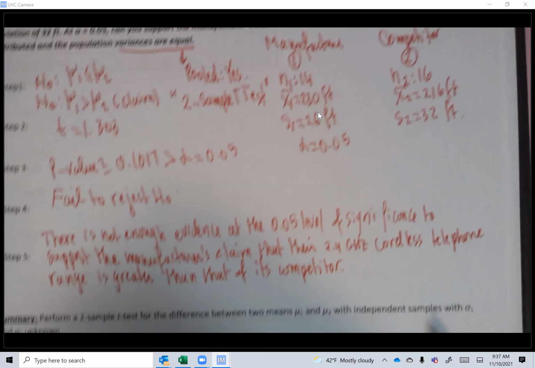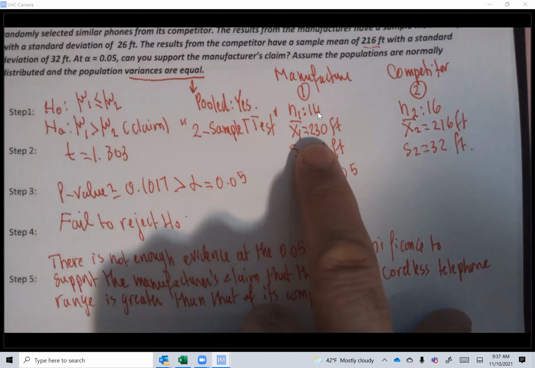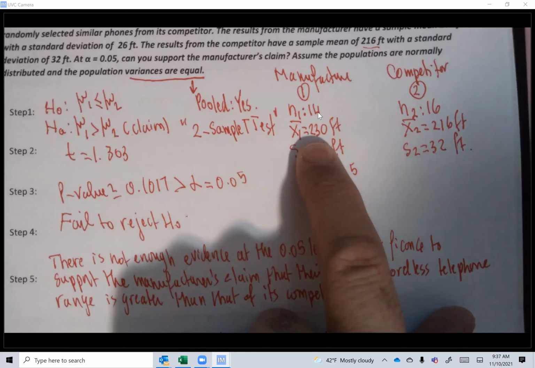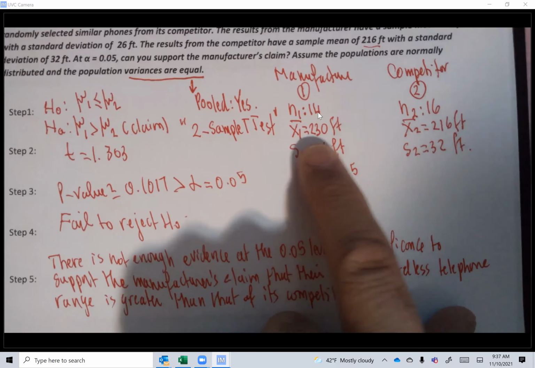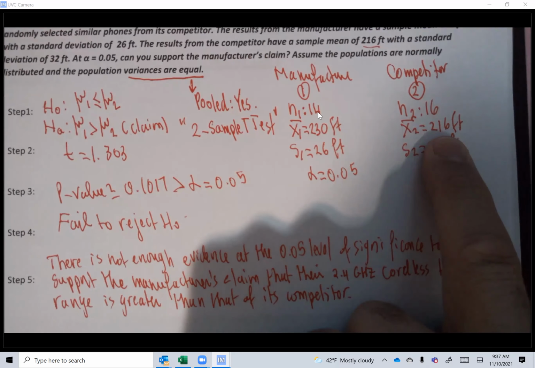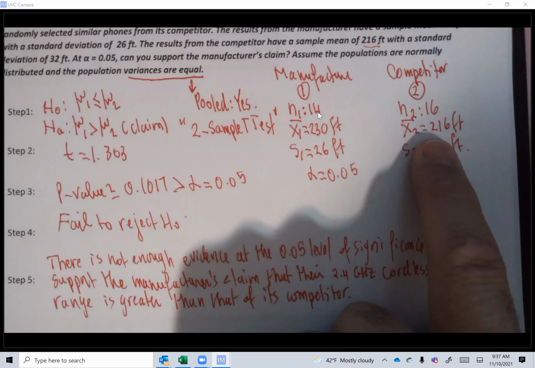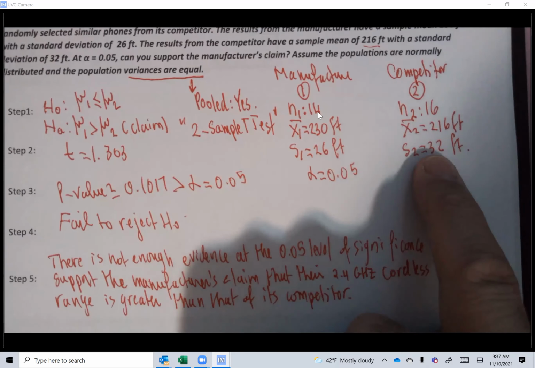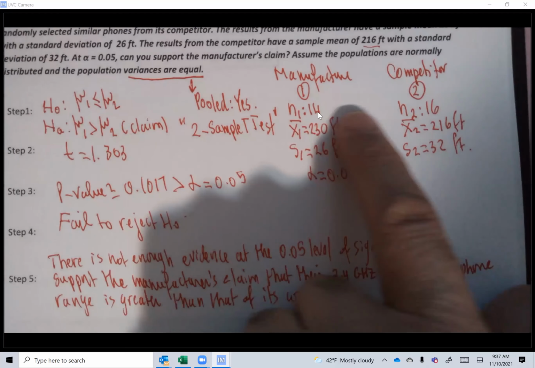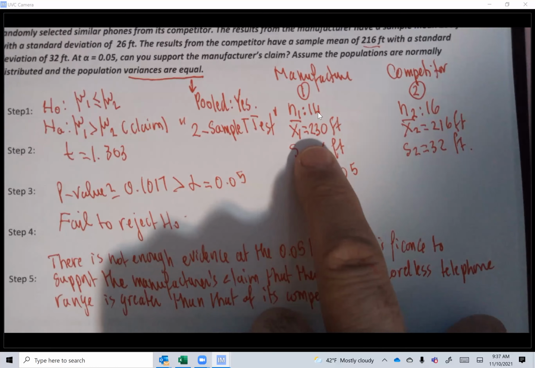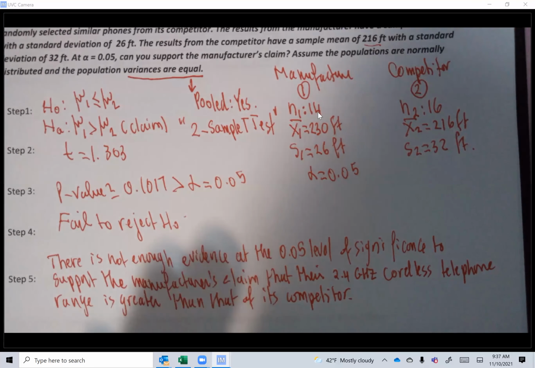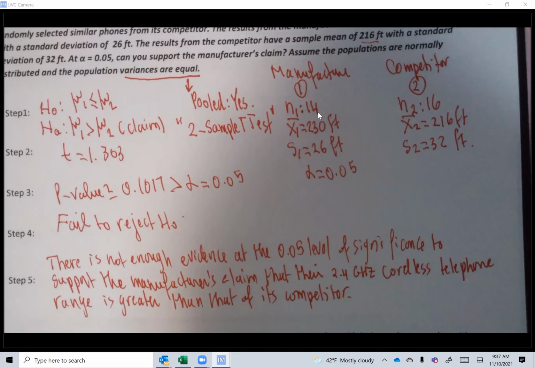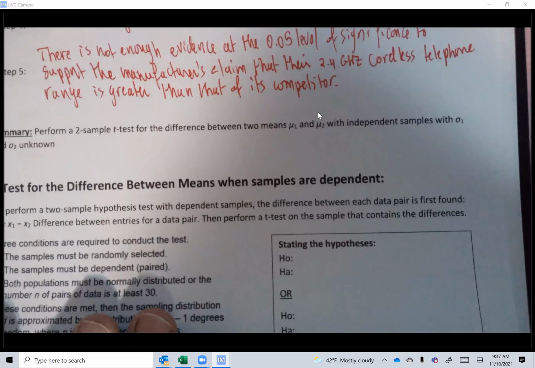So you notice here, guys, from the sample, the call-in range of the manufacturer on average is 230 feet, whereas 216 for the competitor, but yet we could not support the claim because there's so much variation here. There's so much variation, sample size. So even if the sample shows you something, guys, it doesn't mean that this is true for the entire population. You have to perform a hypothesis test to make a conclusion about the population.